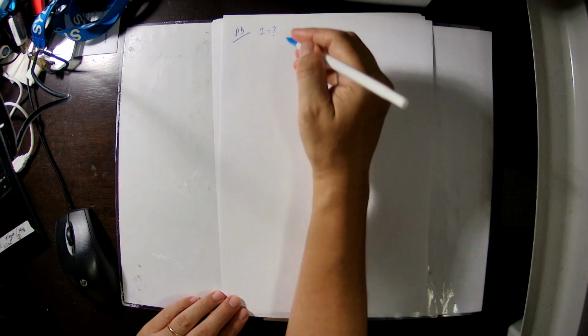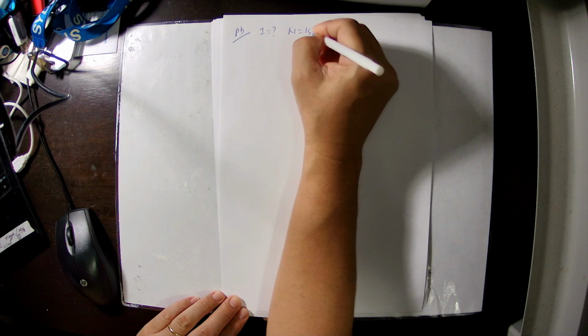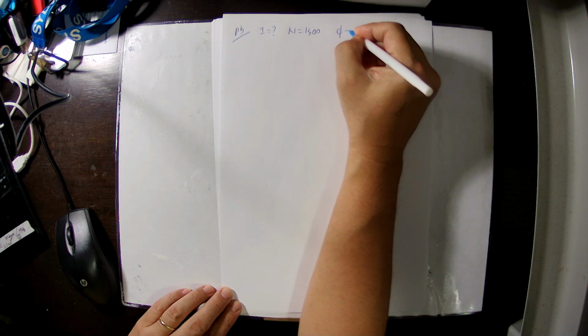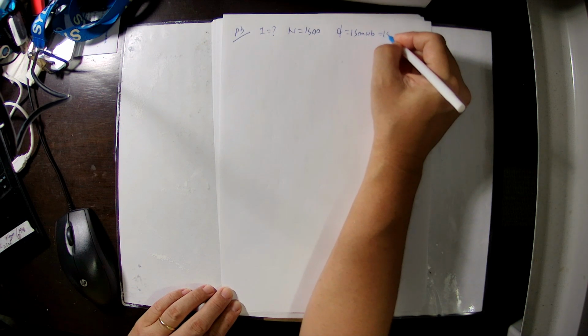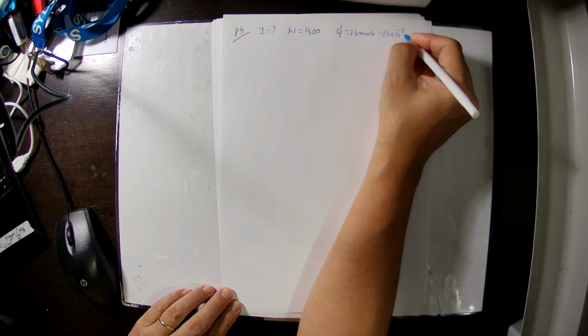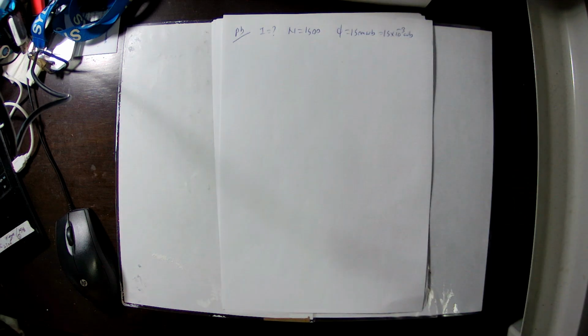Number of turns N is given as 1500. The flux is 15 milliweber, so Phi equals 15 multiplied by 10 power minus 3 Weber. Given the number of turns 1500, we need to calculate the current.